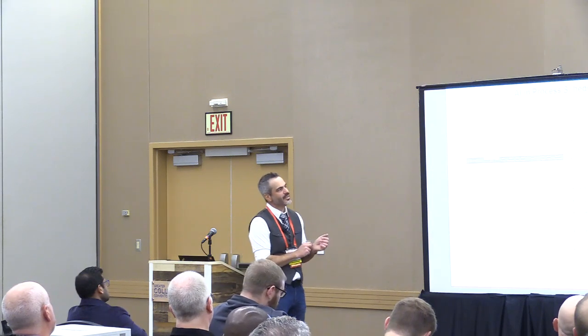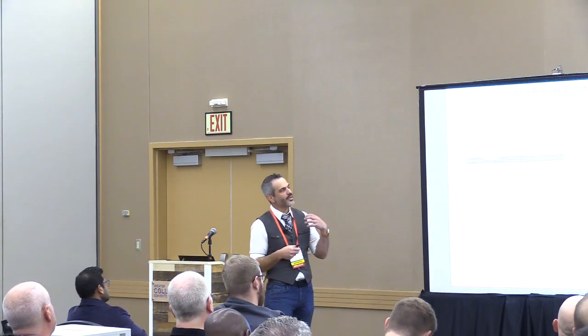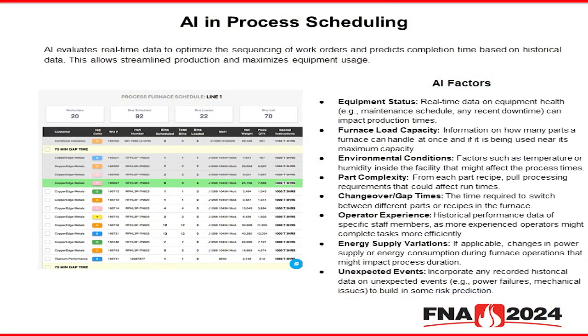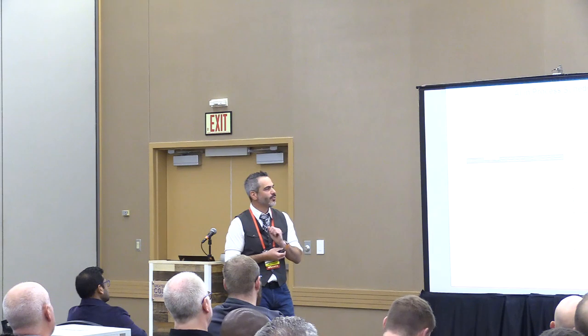How much capacity can something take? Again, I was talking about earlier, what are the environmental factors of the shop at the time? The complexity of each part. Is there a changeover if you're doing continuous? Is there a changeover time to reset and recalibrate between work orders? Who's working? Who's operating a piece of equipment? And then what are those unexpected events that happen?